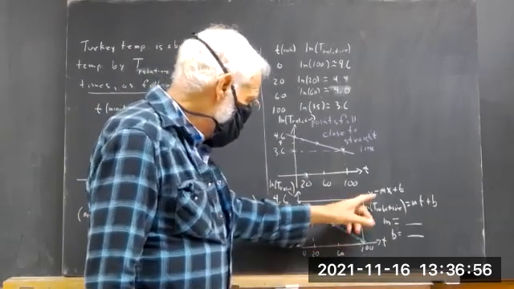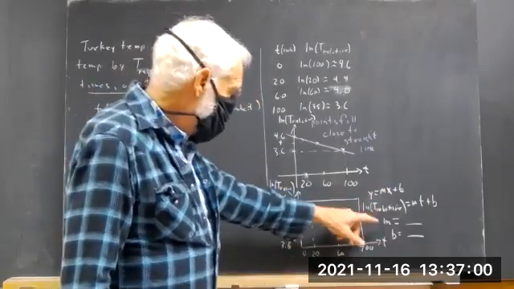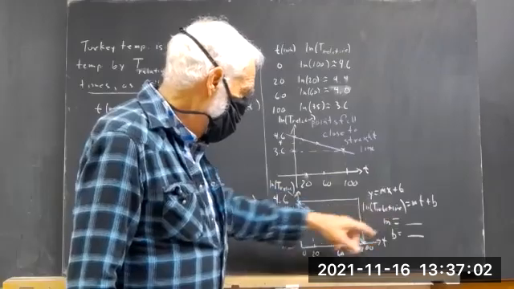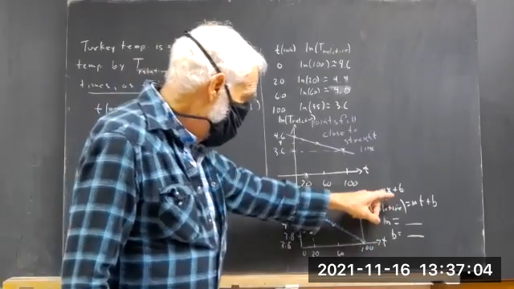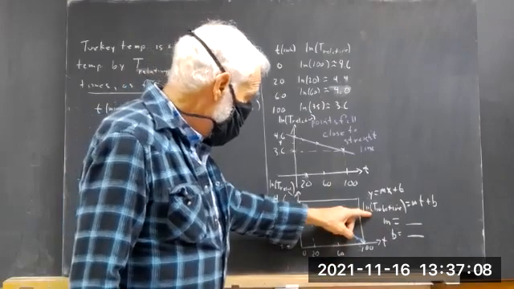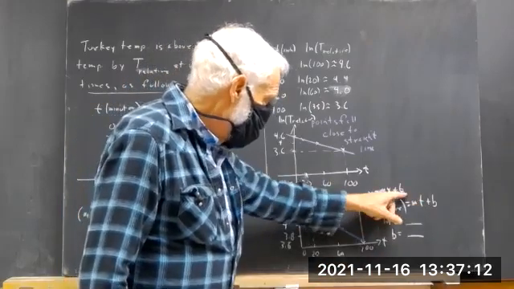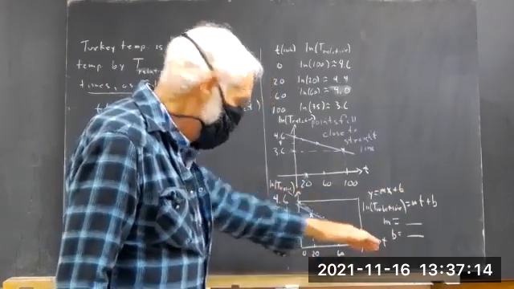And then we notice that this is a y equals mx plus b. It's a straight line. But y is natural log of t relative, and x is t. So now it's natural log of t relative versus t. Slope and y-intercept are just as you see them on the graph.